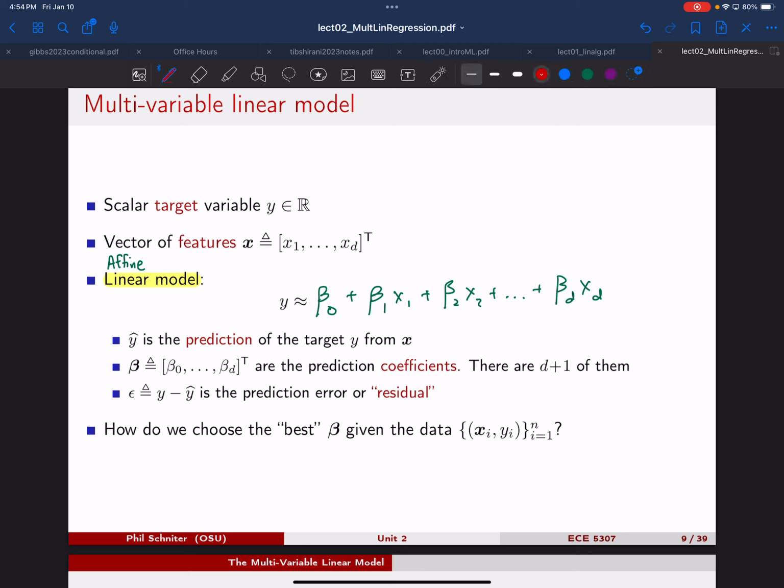And I want to point out the approximation sign. This model is saying that the target is approximately equal to this linear combination of the features. But you never expect in practice for it to be exactly equal. There's always some sort of noise and modeling error in data. You never expect an equality. So the model just says that y is approximately this.